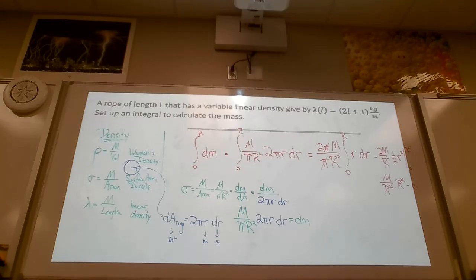Okay. So what happens if it's not uniformly dense?